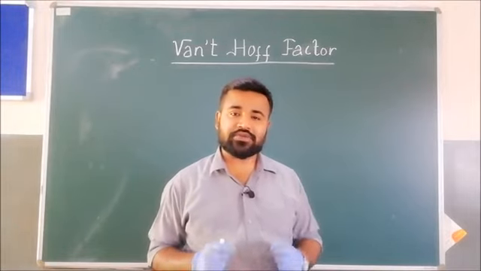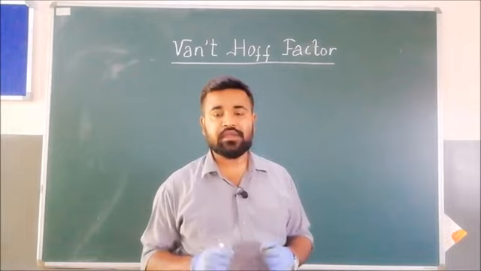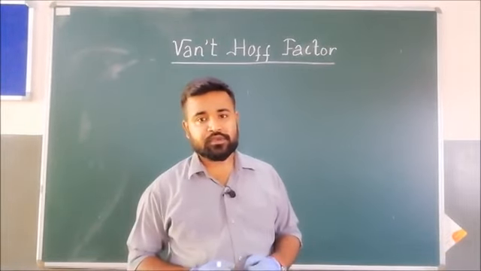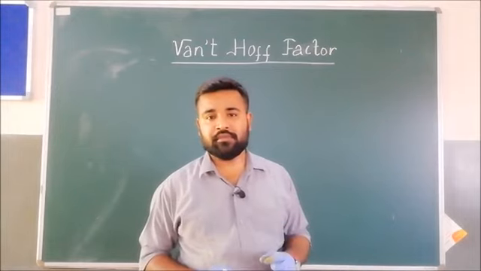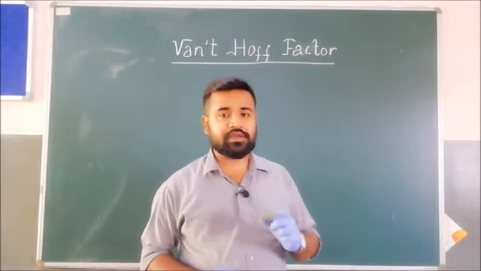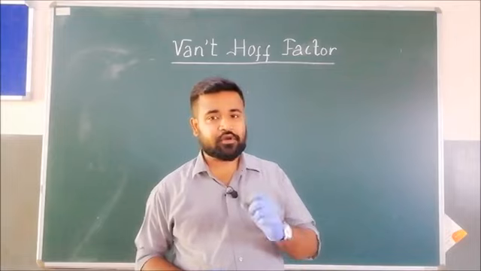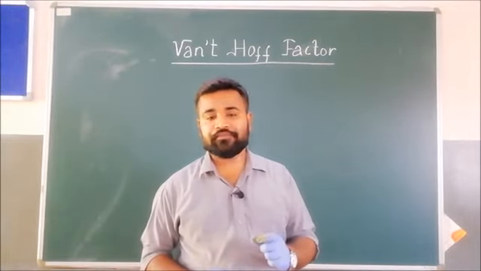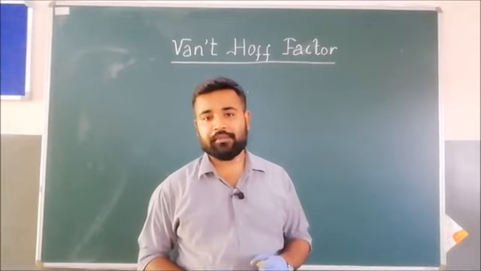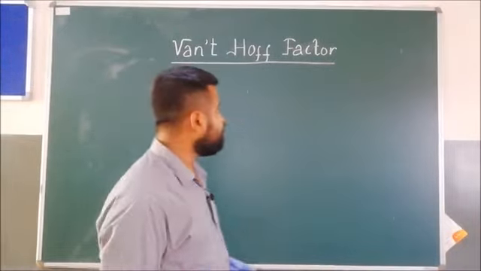Why? Due to association and dissociation of the solute particles. So Van 't Hoff told us that if we multiply a correction term in the formula of the colligative property, then we will get the actual colligative property. So let's start with the Van 't Hoff factor.